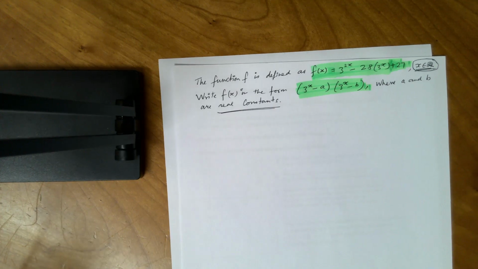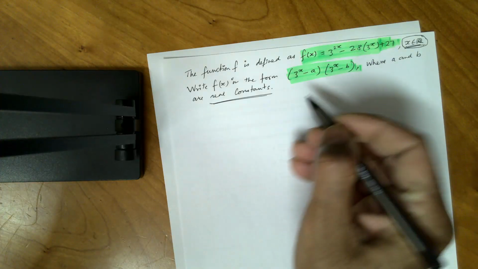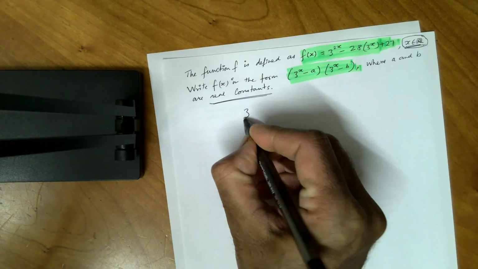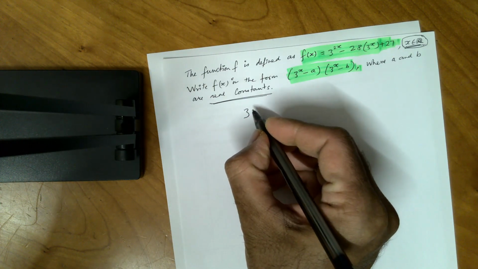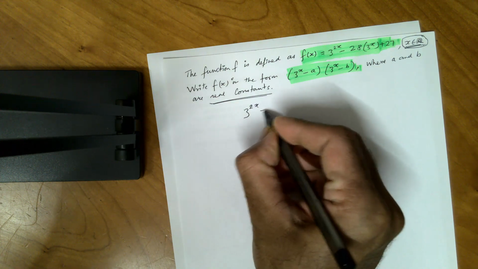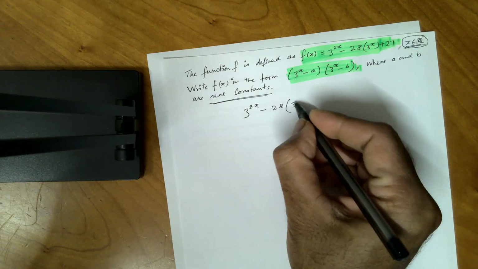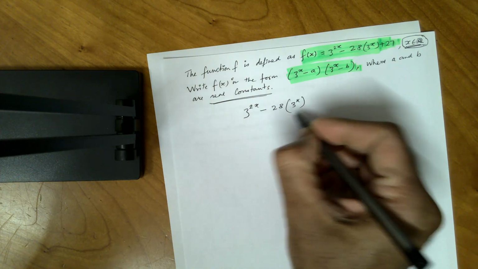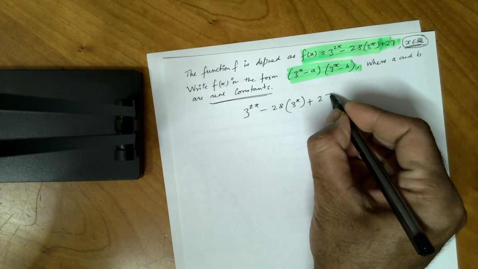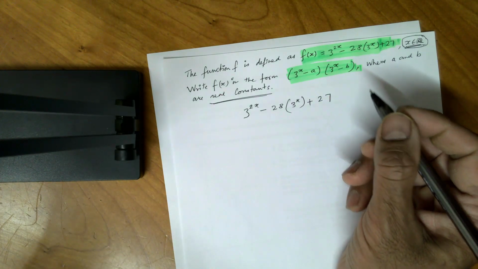The first step towards that is to write down this equation. So what is f(x)? It is 3^(2x) minus 28 times 3^x, plus 27. Okay, so that is your f(x).